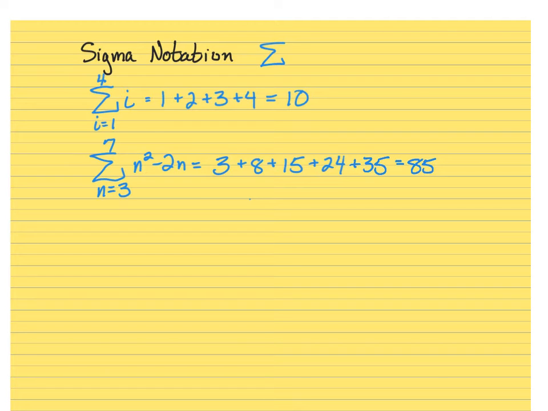Now, there are some common things that we add up quite often. So let's go back to the formula that we started with, from i equals 1 to n of i. If you look at what this is asking us, we plug in a 1, a 2, a 3, a 4, and we keep plugging in things until we get up to n.